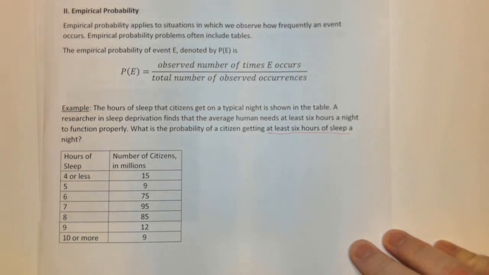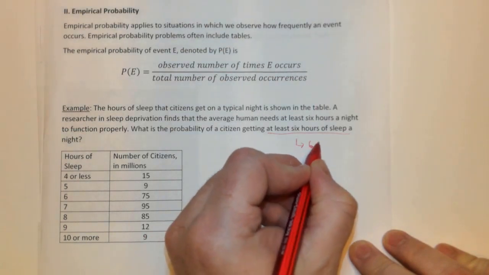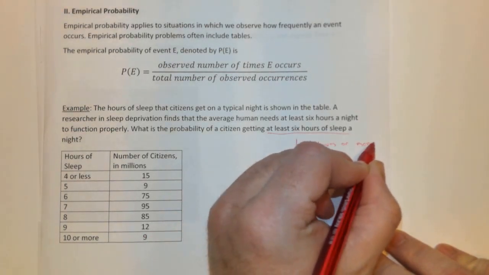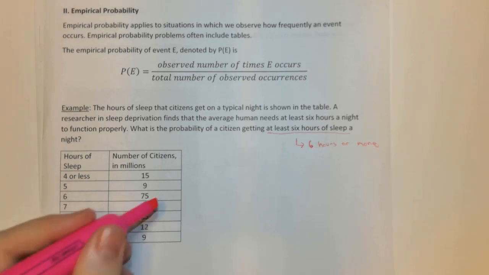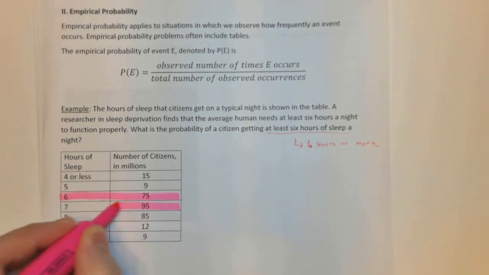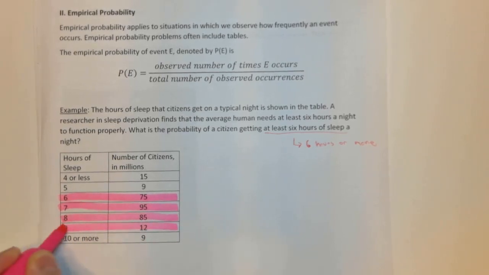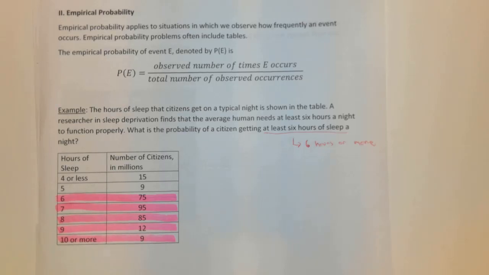At least 6 hours of sleep, that means 6 hours or more. So in my table here, I'm looking at these rows. 6 hours, 7 hours, 8 hours, 9 hours, and 10 hours or more.